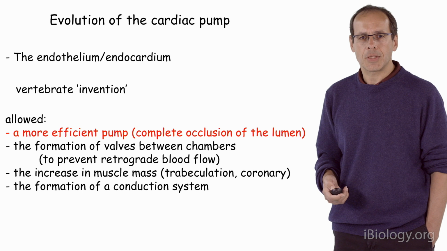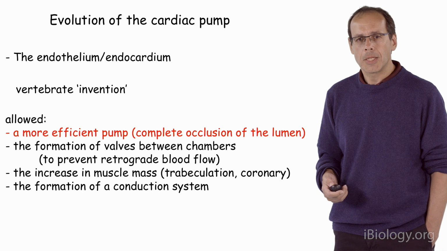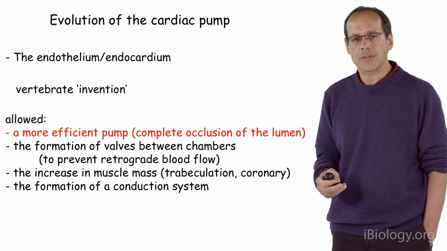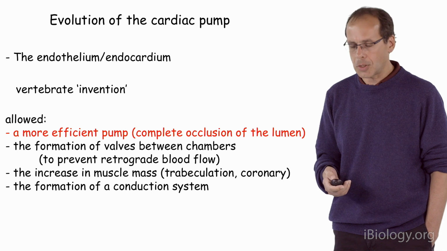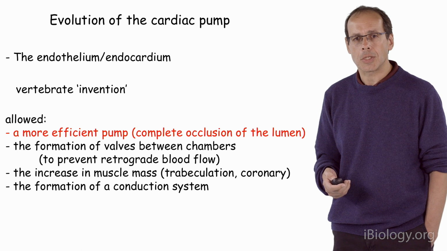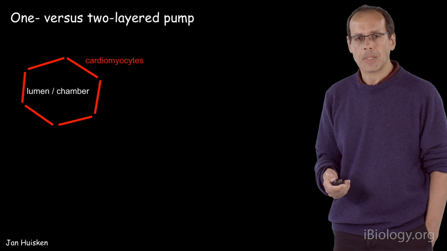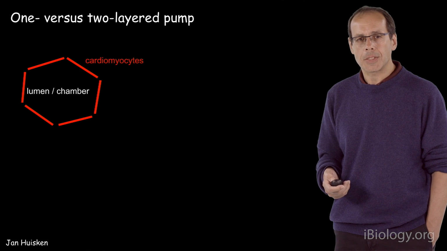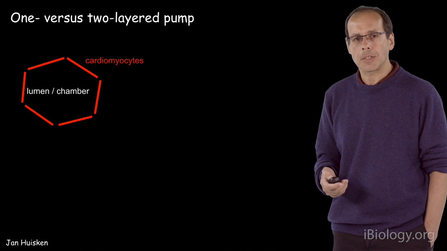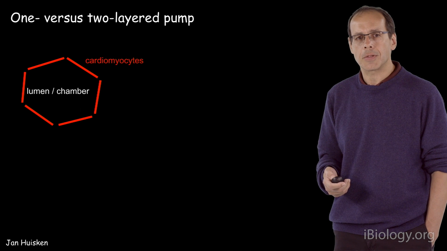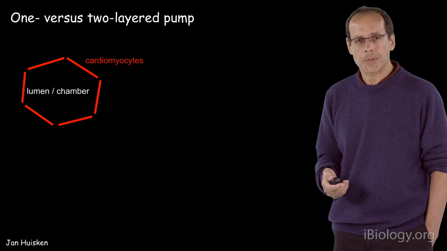So let's start with the fact of this more efficient pump. There was probably the initial selective advantage for this appearance and selection of the endocardium in the heart. So imagine that, again, starting with a simple heart, like the tunicate heart, which consists of a single cell type, which are the muscle cells.